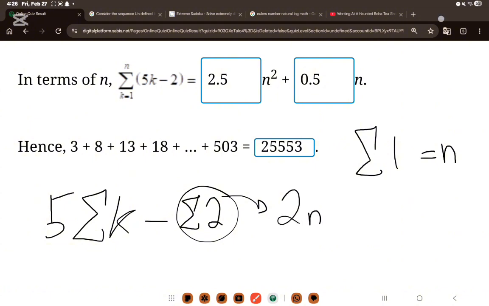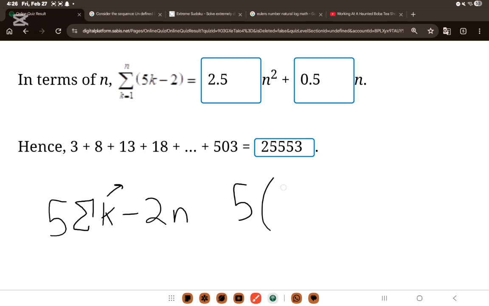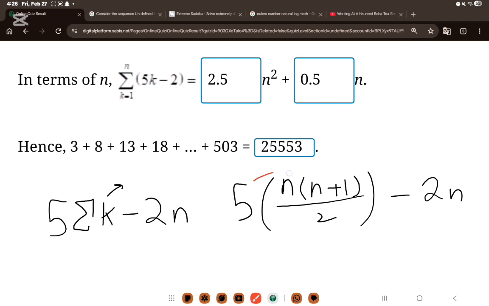So 5 sigma k minus 2n. Now you need to apply the property, which is going to be 5 multiplied by n plus 1 over 2, and then minus 2n. Now we try to simplify.